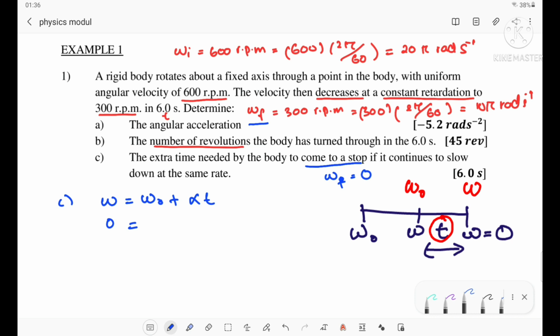So omega naught is equal to 10 pi, plus alpha is equal to minus 5.2, the same from the first equation, because it decreases at a constant rate. So the angular acceleration is equal to minus 5.2 times t. So we get t is equal to 6.0 seconds.